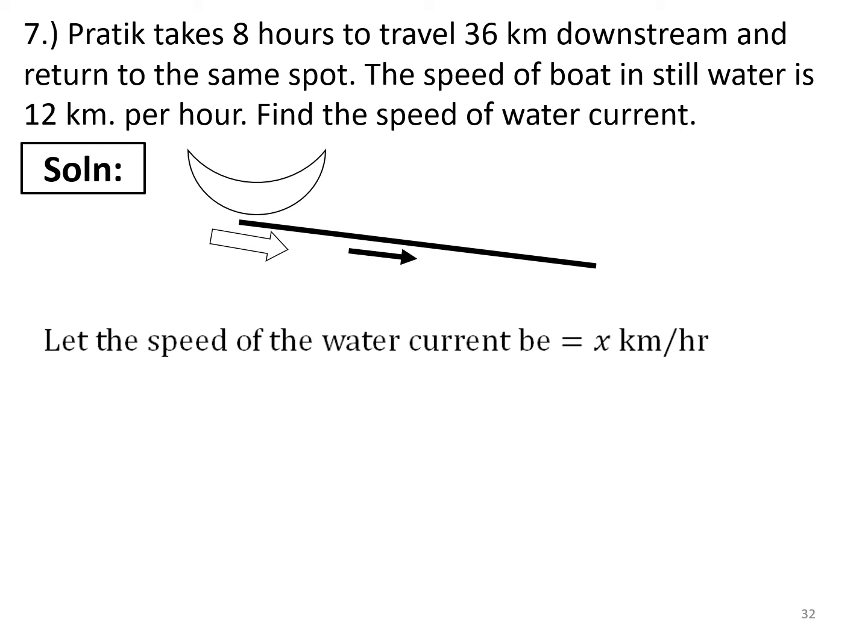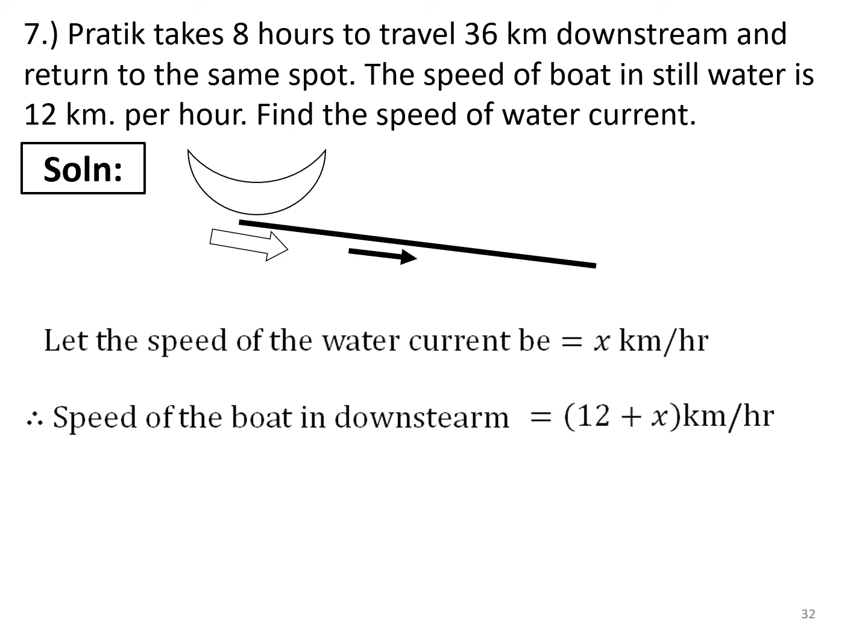Since the water current and the boat are both moving in the same direction, the speed of the boat will definitely increase, and therefore the speed of the boat in downstream will be 12 plus x kilometers per hour. 12 is the speed of the boat and x is the speed of the water current.